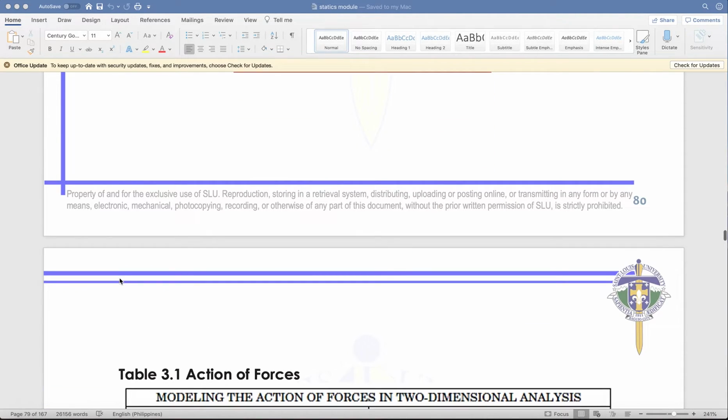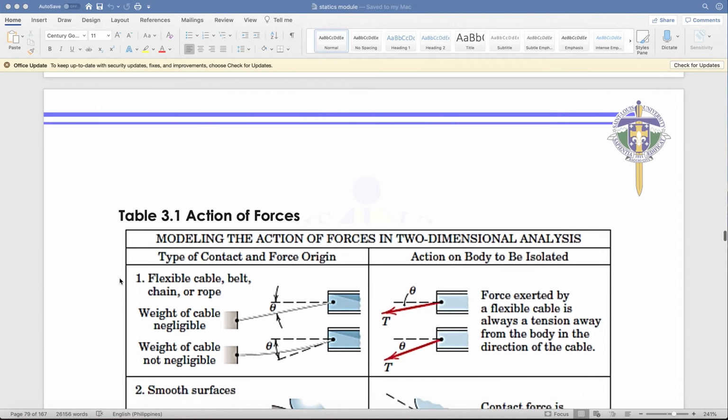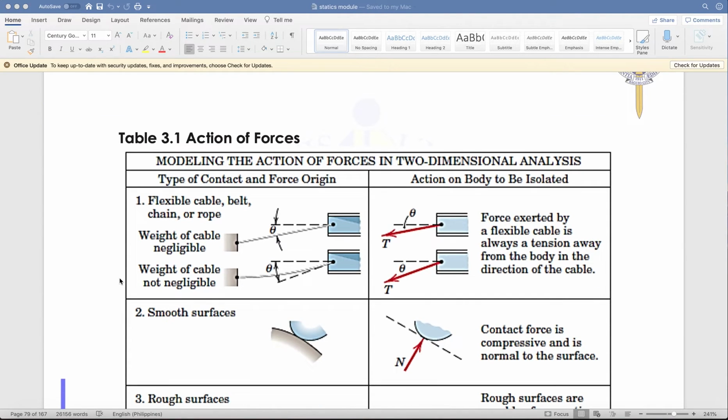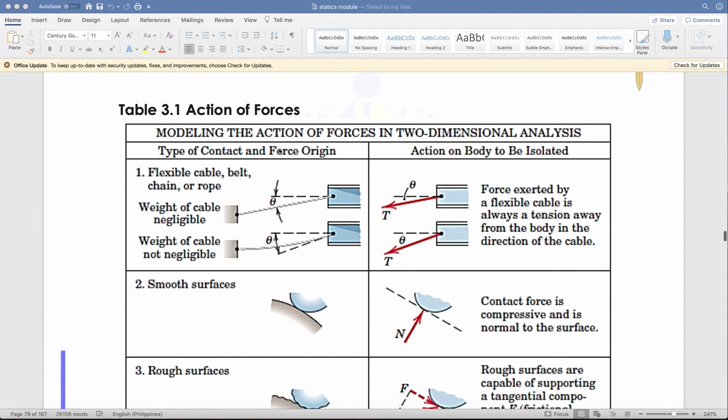Okay, so we need to understand how these forces are acting. Modeling the action of forces in two-dimensional analysis, we have here the type of contact and force origin. First, a flexible cable, belt, chain, or rope.